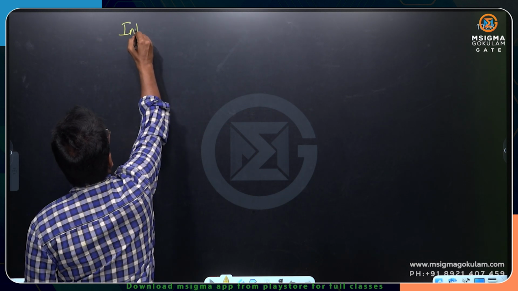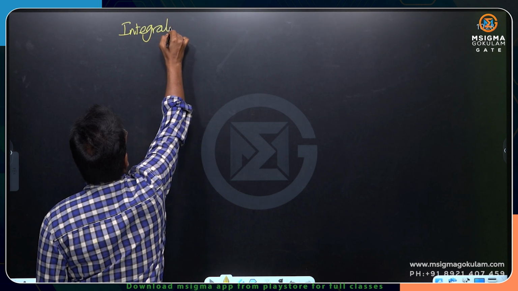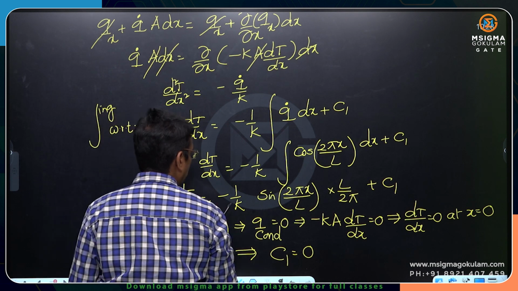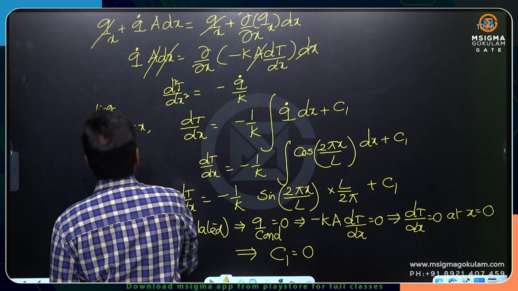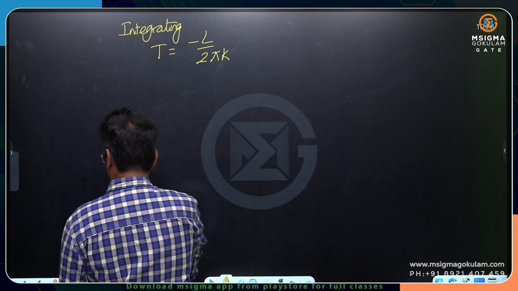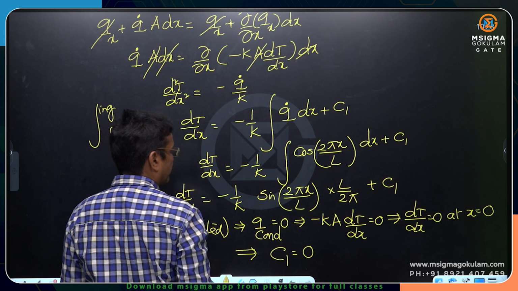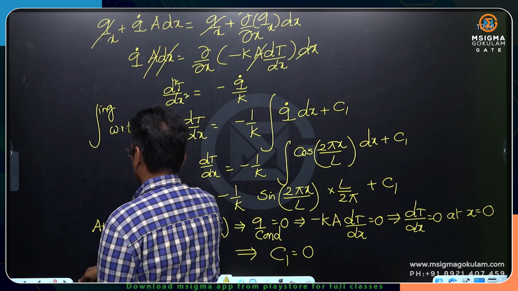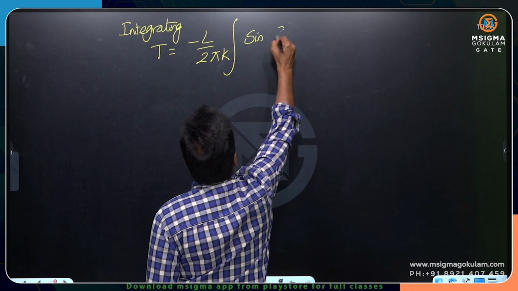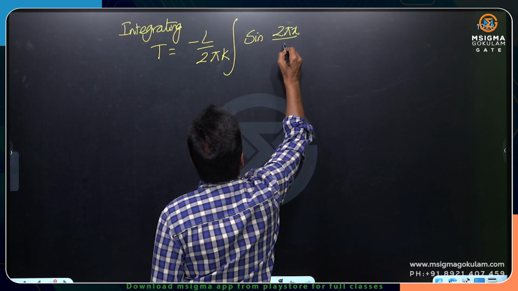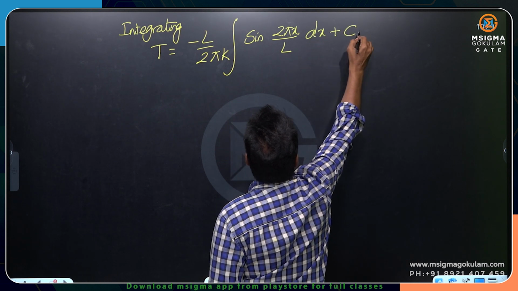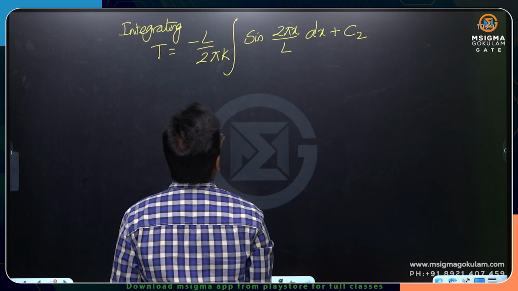Integrating with respect to x again, T is equal to minus L by 2 pi k integral sine 2 pi x by L dx plus constant of integration C2.